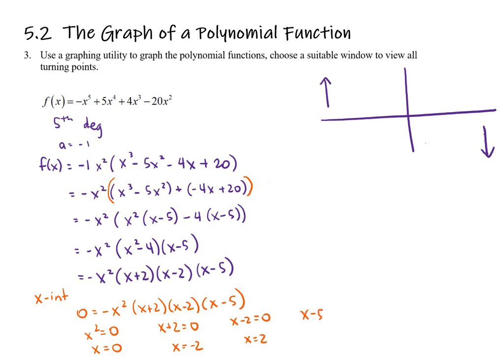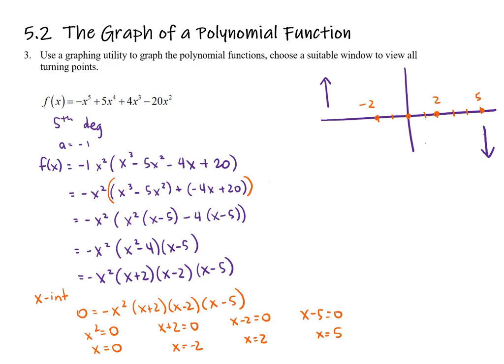And the x minus 5 is equal to 0. So we have 4 x-intercepts. One at 0, one at positive 2, one at positive 5, and one at negative 2.